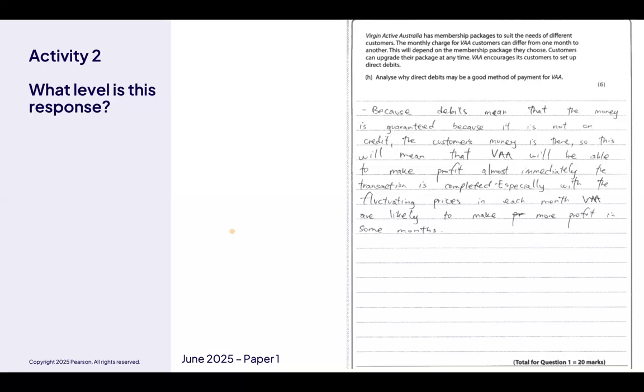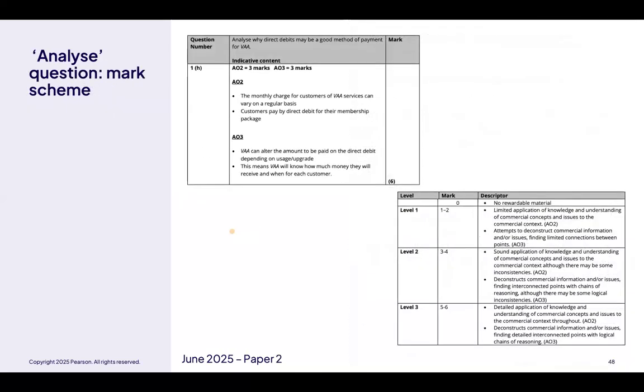So whilst that might not seem a very strong response, what in fact we do have is, does it have limited application? It certainly does. Does it have interconnected, but does it have two linked strands of debate?